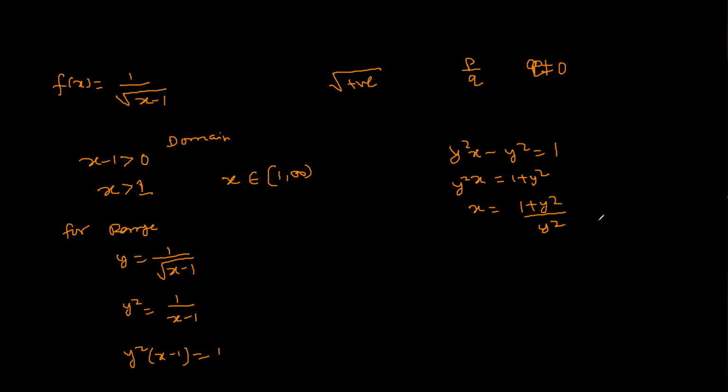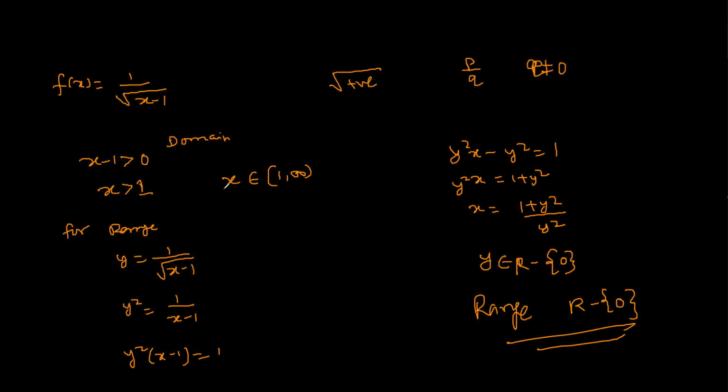So you can see you will put y equal to anything, any real number, because this is positive. But the denominator can never be 0, so you cannot put 0. So range will be any real number other than 0, and domain will be any real number greater than 1. Clear?